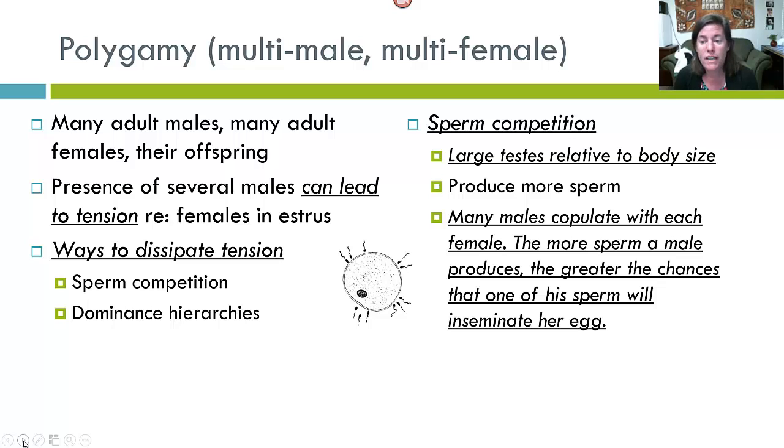Why do you need large testes? They have large testes for the production of lots of sperm so that the male can inseminate multiple females. Many males copulate with each female, and the more sperm a male produces, the greater the chances that one of his sperm is going to inseminate her one egg.